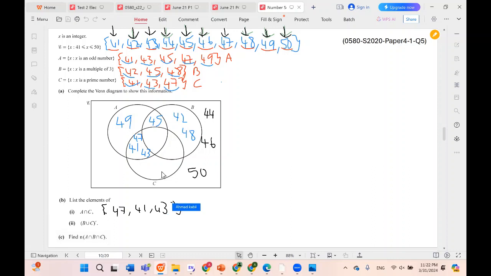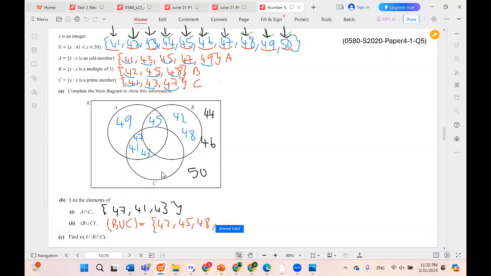In double I, we are required to find B union C complement. So let's first find B union C. So B union C is equal to everything in B, which is 42, 45, and 48.